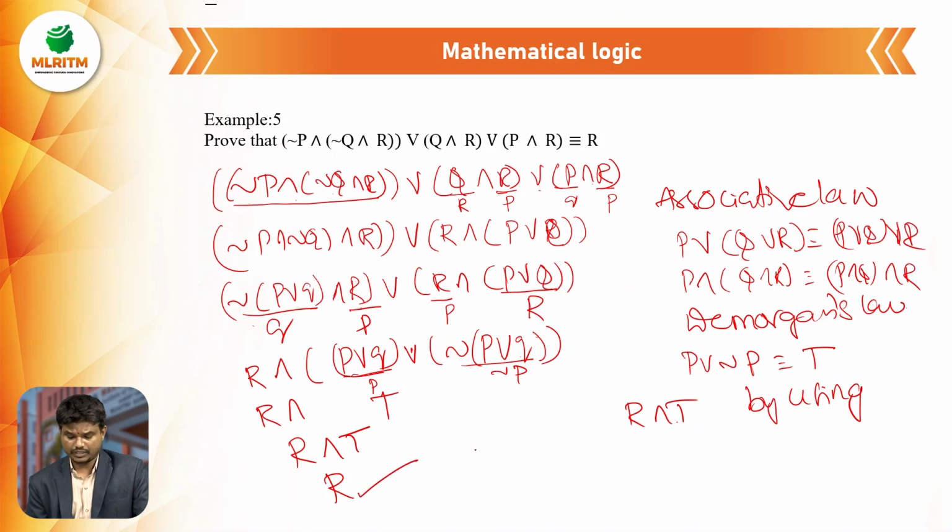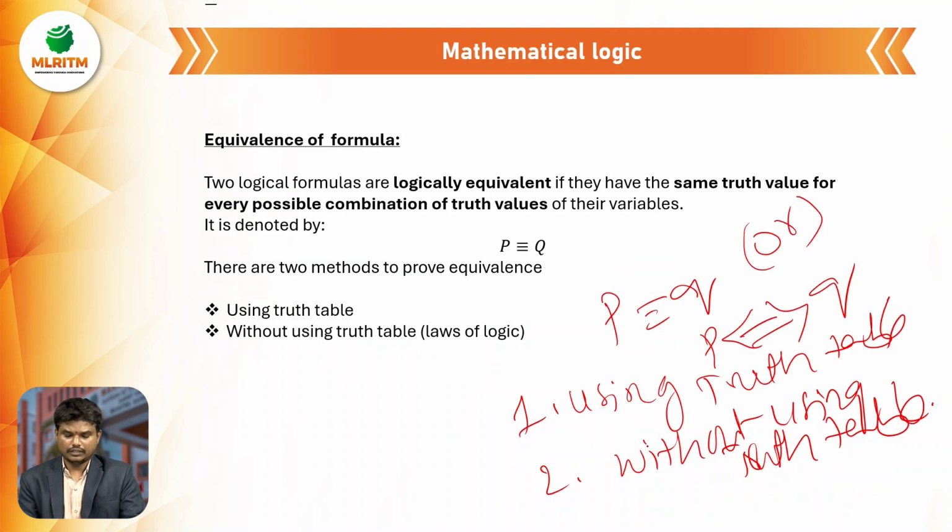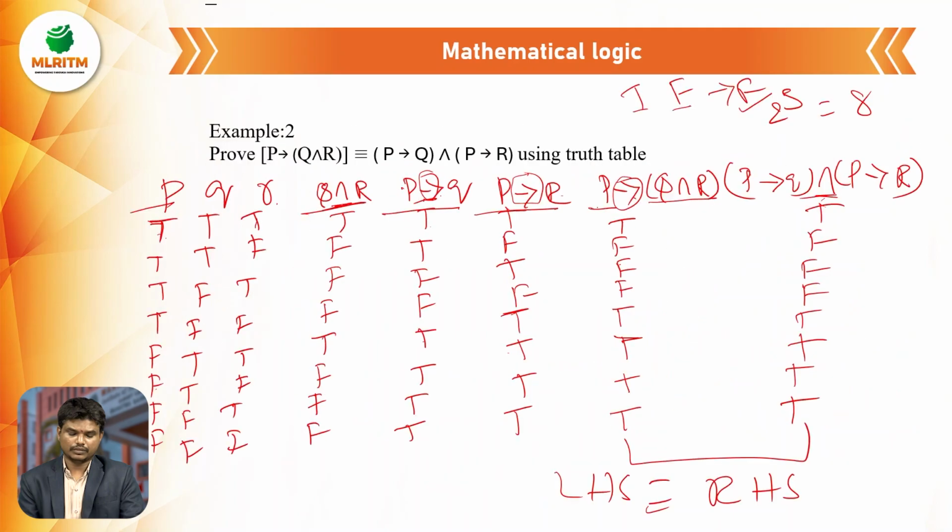So we prove that LHS equals RHS. So we learned equivalence of formulas and laws of logic. In that, what is the equivalence of formulas? Two logical formulas are logically equivalent, denoted by P ≡ Q. We have two methods for solving equivalence of formulas: the first is using a truth table, and the second is without using a truth table.